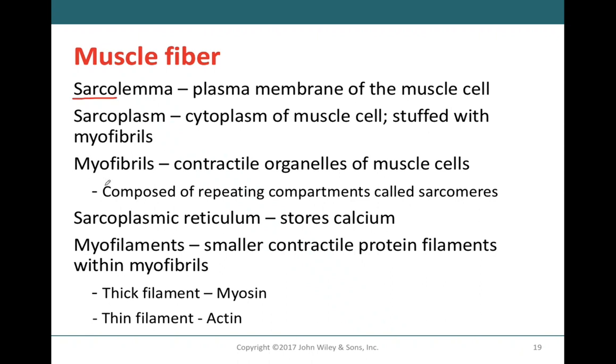Now, every myofibril is made up of repeating smaller cylinders known as sarcomeres. Sarcomeres are the contractile unit of myofibrils. Now, in muscle cells, instead of referring to it as the endoplasmic reticulum, we call this the sarcoplasmic reticulum. The sarcoplasmic reticulum is just the endoplasmic reticulum of our muscle fiber.